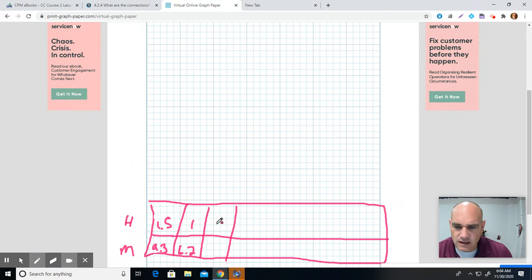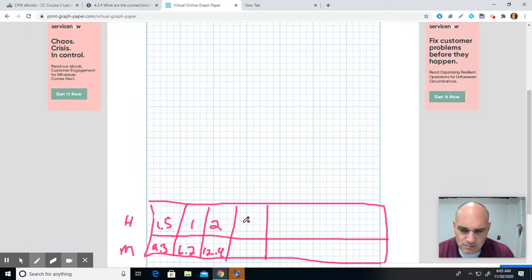Now we need to graph this, so let's make a table. Let's do 2 hours. I can multiply this by 2 to get 2 hours, and when I multiply 6.2 by 2, I end up with 12.4. Let's see.